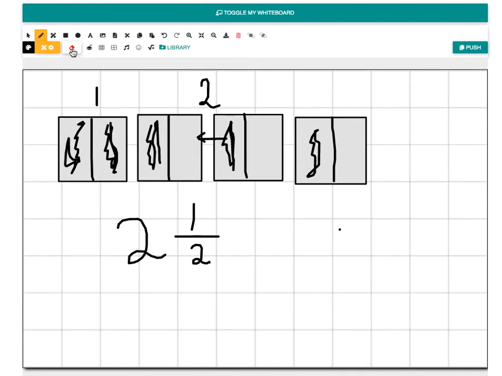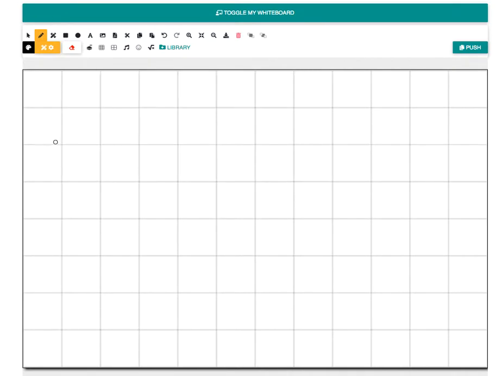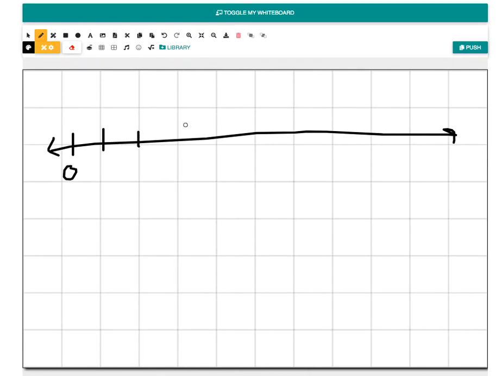Let's try to do one on a number line really quickly. A little bit harder since I have to draw it. That's okay. My number line is really not that even, but it's okay.